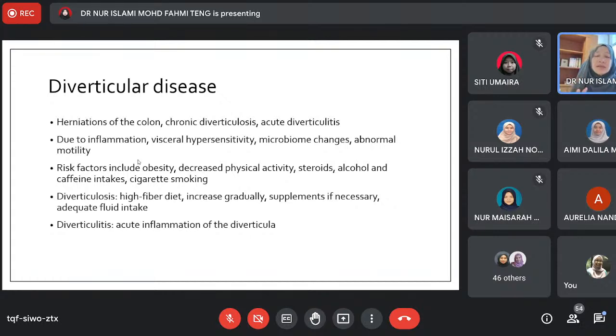So the risk factors include those with obesity, decreased physical activity, steroids, alcohol and caffeine intake, and also cigarette smoking. So for diverticulosis patient, we suggest a high fiber diet and we should increase it gradually. We suggest supplements if necessary and adequate fluid intake. Okay.